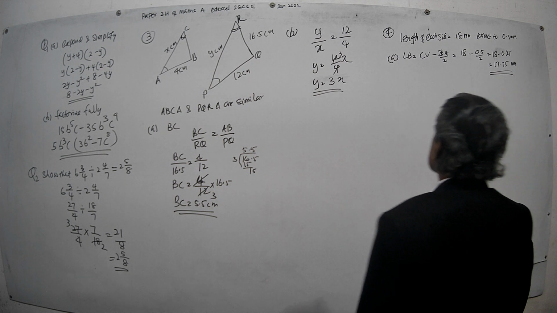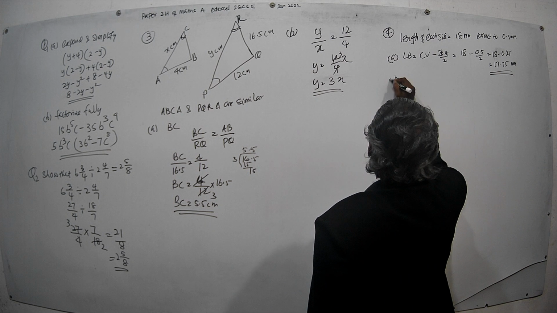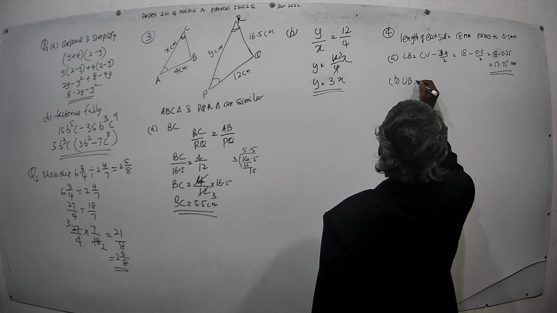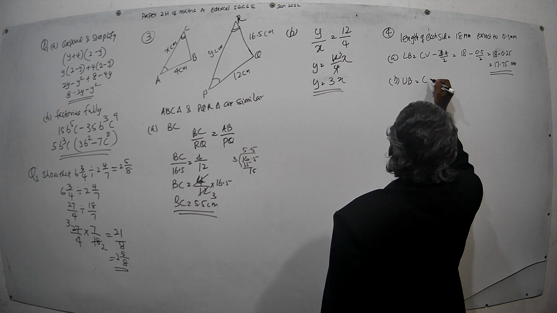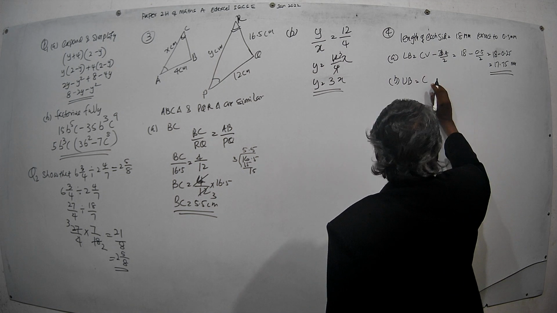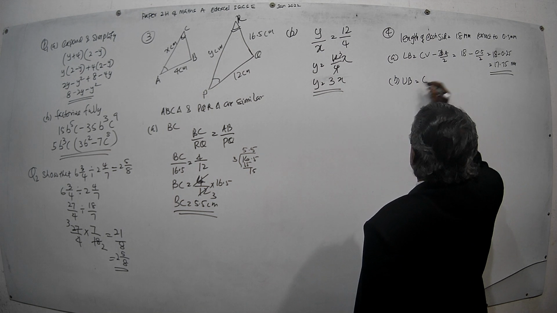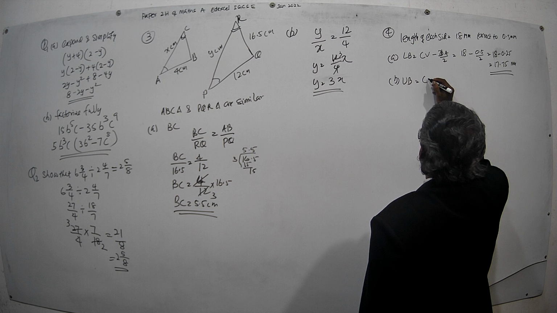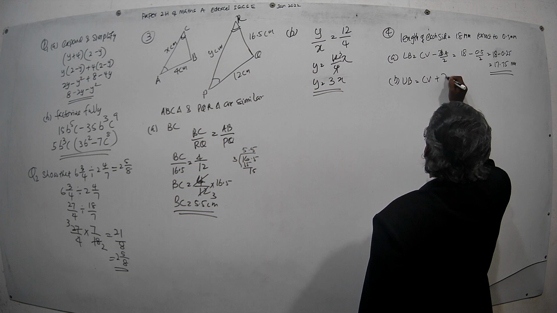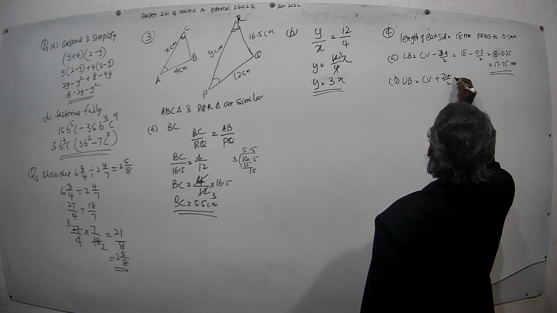Right? Then B, the upper bound. The upper bound of the length of each side is asked in part B. The upper bound formula is corrected value plus degree of accuracy over 2.